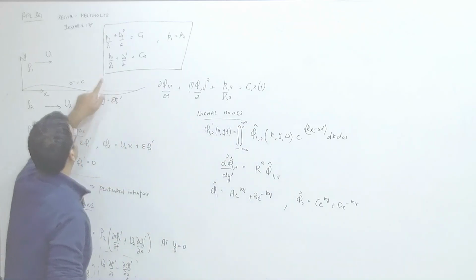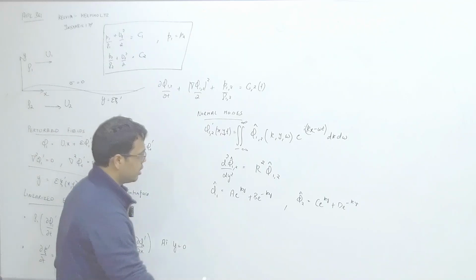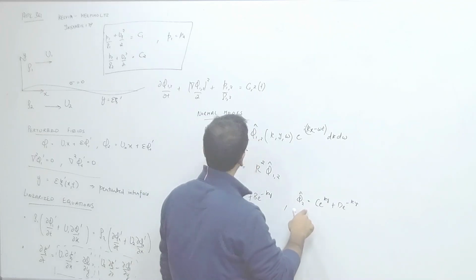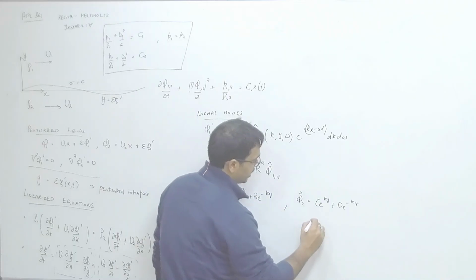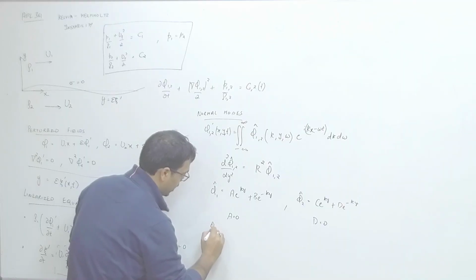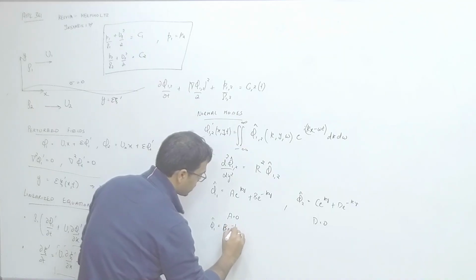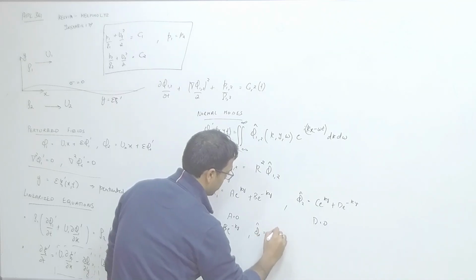So phi1 hat is at the top. So for y tends to infinity, for it to be bounded, a equals 0. Okay, and for phi2 hat to be bounded for y tends to minus infinity, d has to be 0. So effectively phi1 hat is simply b e to the power minus ky, and phi2 hat is simply c e to the power ky.